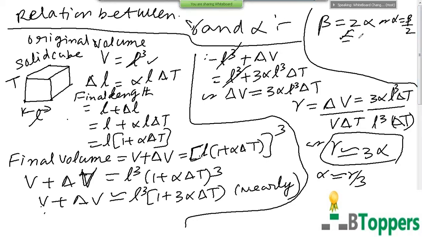So beta can be written as 2 alpha or 2 gamma by 3. Or gamma is 3 alpha, which you can also write as 3 beta by 2. That means there are different ways you can express it. And gamma, written as 3 alpha, you can write as alpha plus 2 alpha. Or gamma can also be written as alpha plus beta.